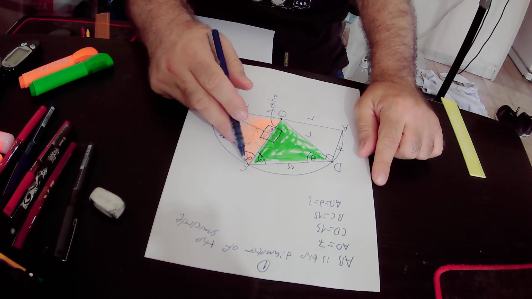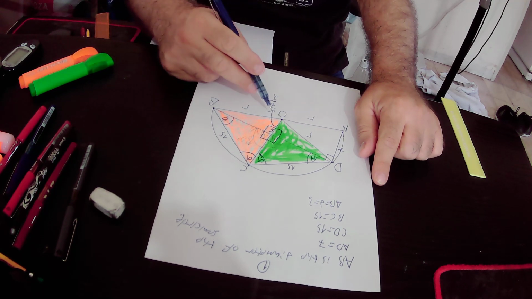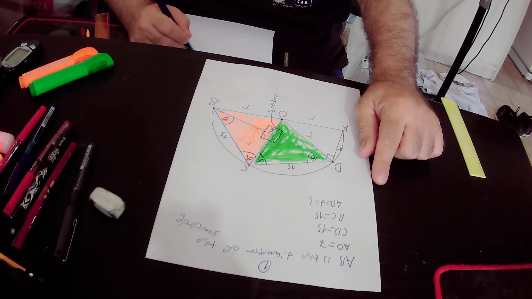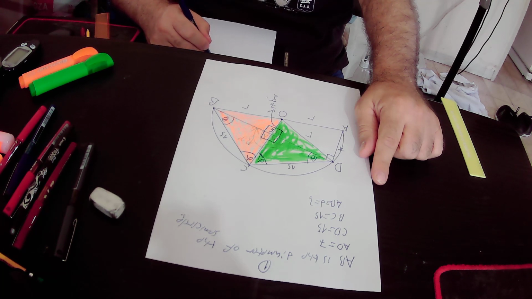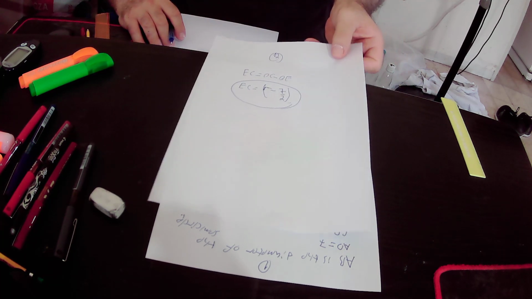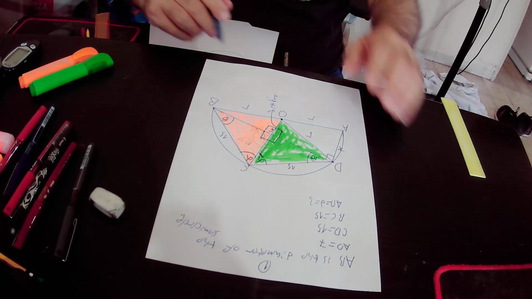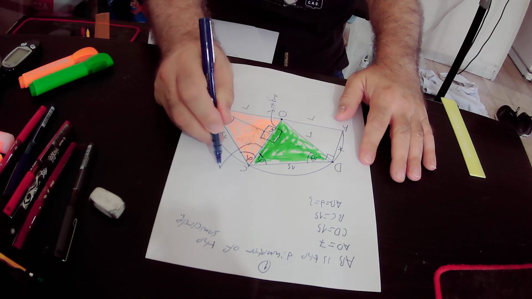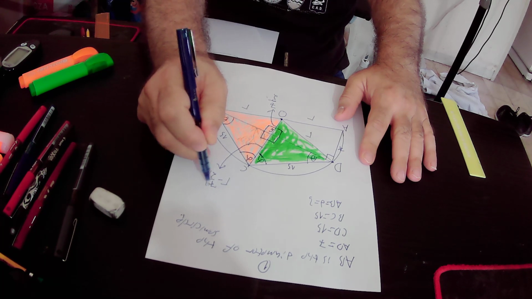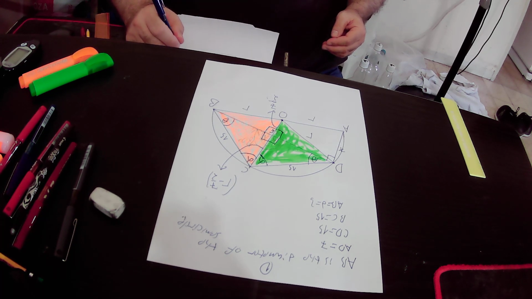Therefore OC is the radius, so EC equals R minus OE. What is the value of OE? We have already found out that OE equals 7 over 2. So in total we found out that EC equals R minus 7 over 2 units. OE equals 7 over 2 units.